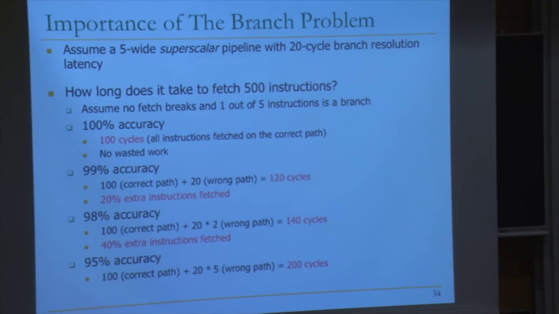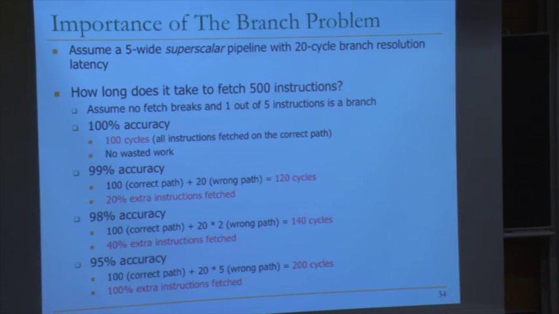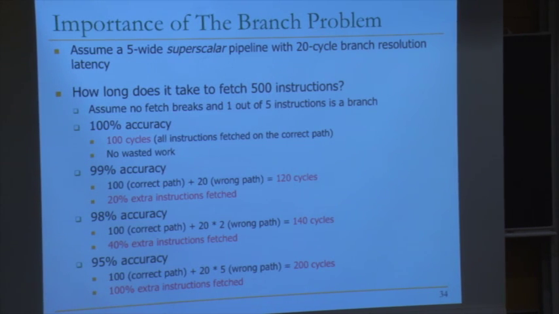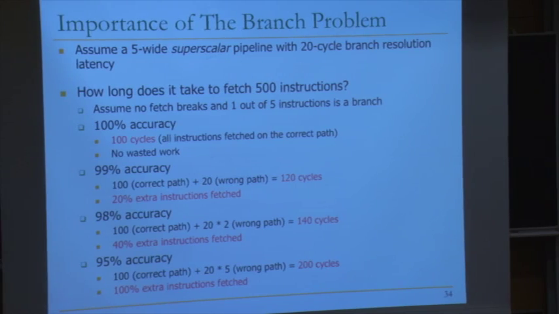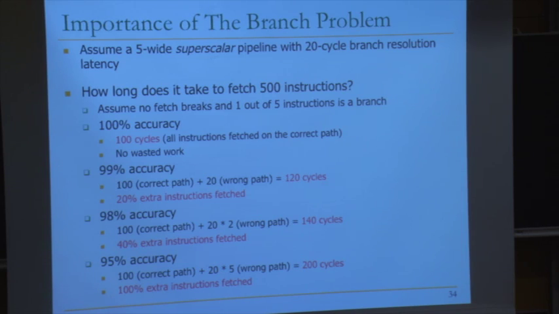Only after 20 cycles you can recover. So now you take 200 cycles, and 100% extra instructions are fetched. So you wasted half of your bandwidth in the machine, with even a 95% accuracy, and we're not even at 90% yet.